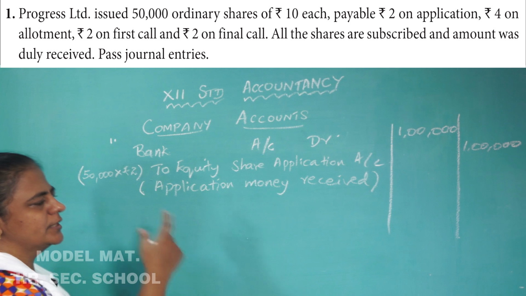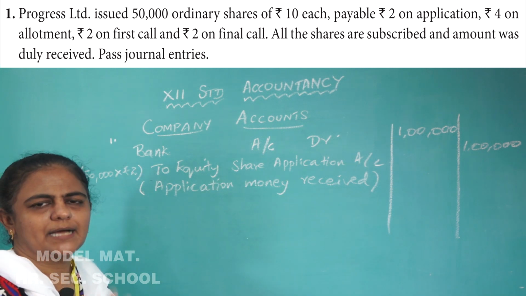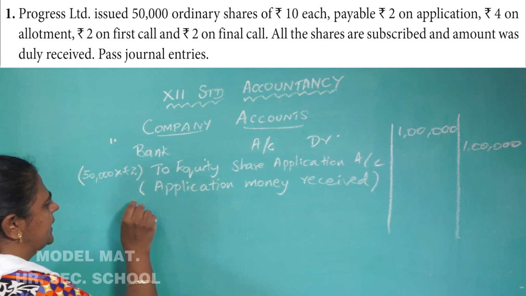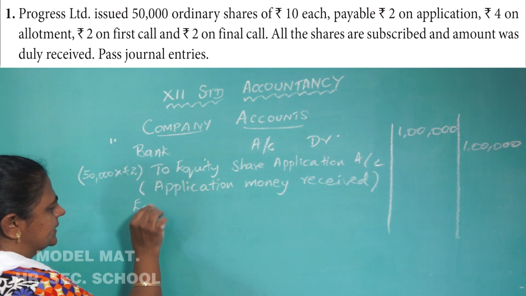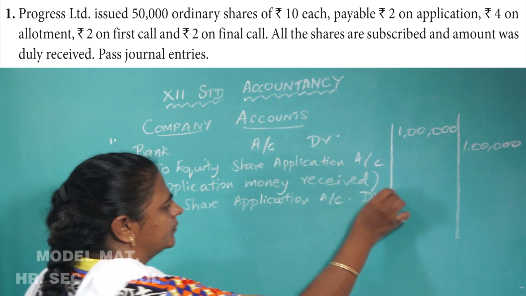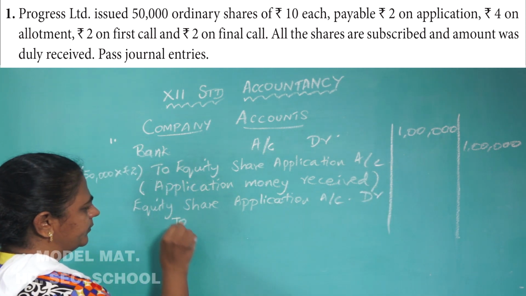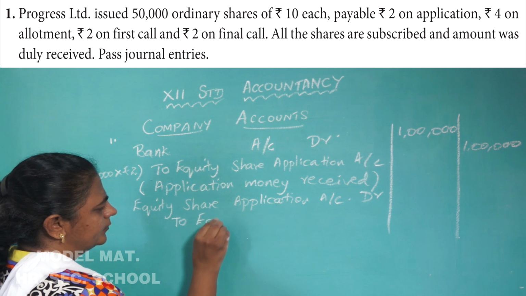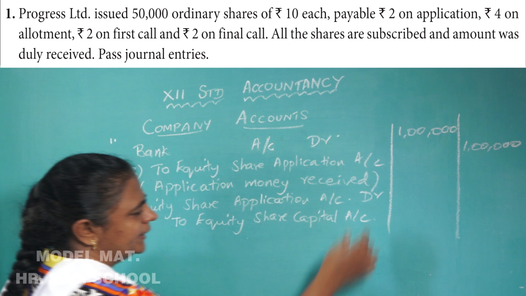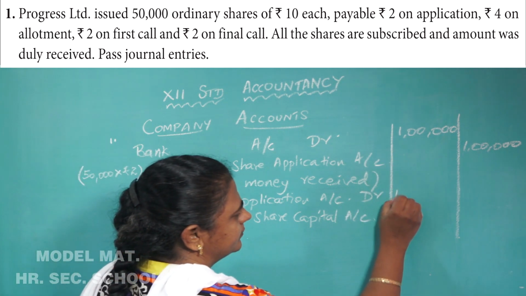Now the money received on application should be transferred to share capital. That is the second entry. For the transfer entry you have to write: equity share application account debit to equity share capital. Again the same amount, 1 lakh.